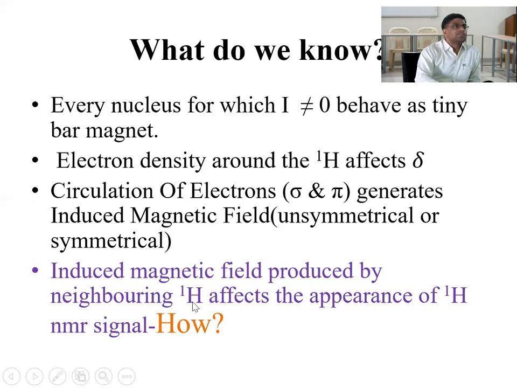How? In the next slides we will discuss how the induced magnetic field of the neighboring protons affects the appearance of proton NMR signal. So I have mentioned this point in a different color because today's topic is based on this point.